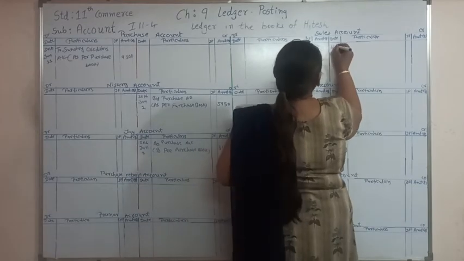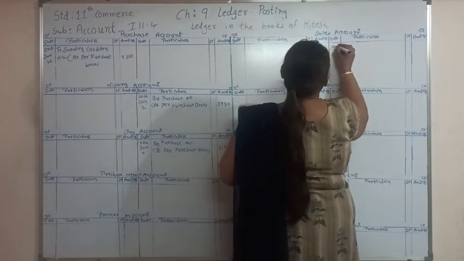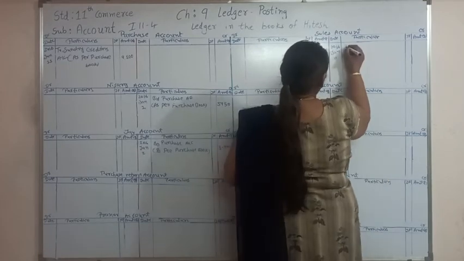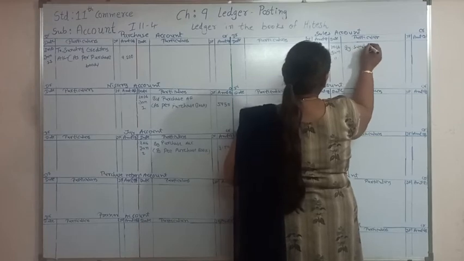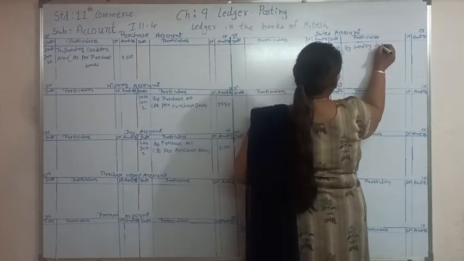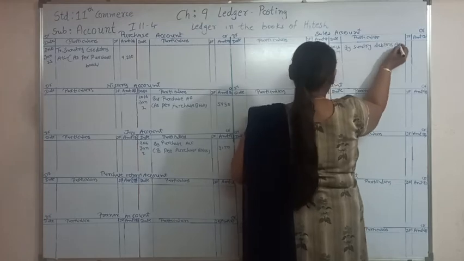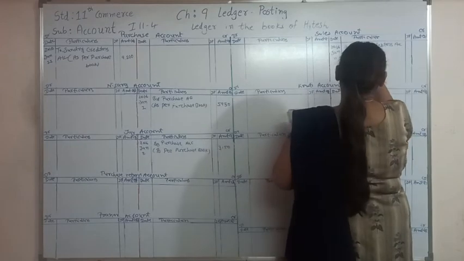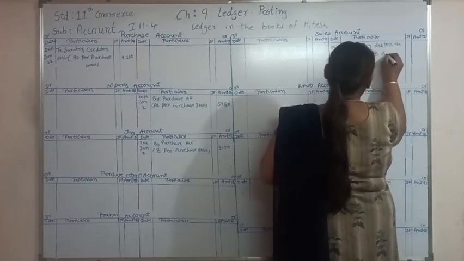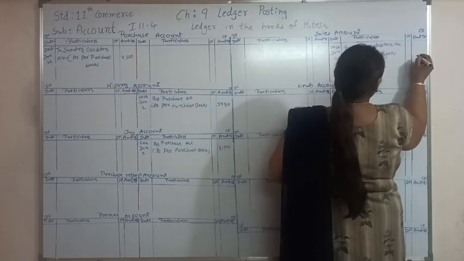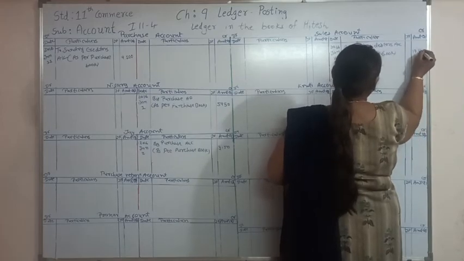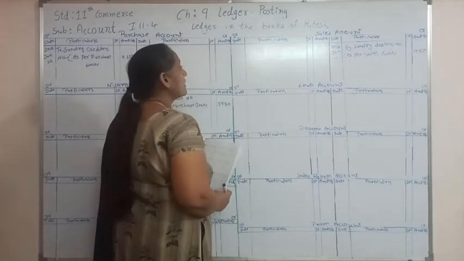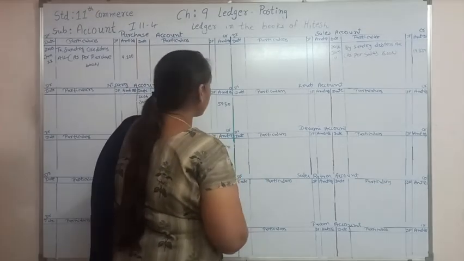So on 2016 January 11, by sundry debtors account as per sales book, and the total of the sales book was 17,850. Now on the debit side of Kruti account, we are going to write: Kruti is our debtor, and she has purchased goods from us on 4th January.